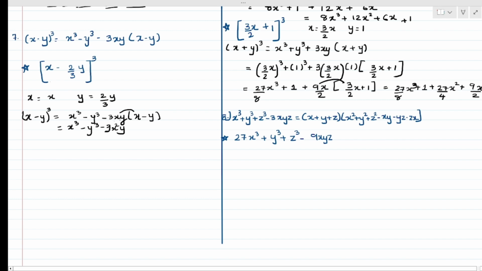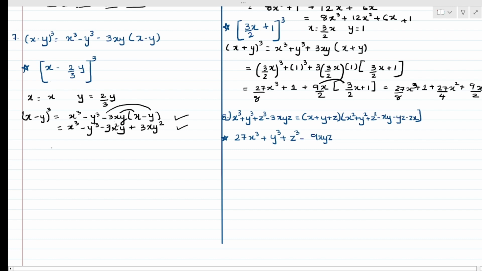Now, minus minus: this negative term is getting multiplied by y, so minus minus will give plus, and you will get 3 times x y the whole square. Whatever is comfortable with you, you can go with either the first or the second. So, let's go with the first one.